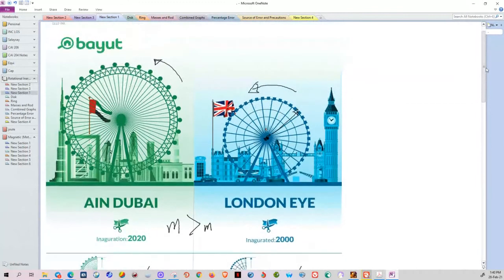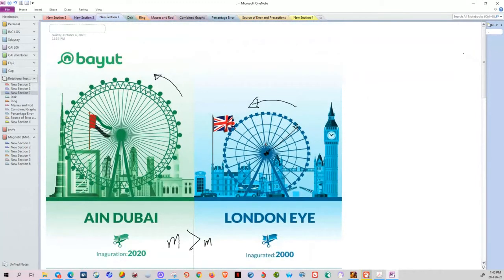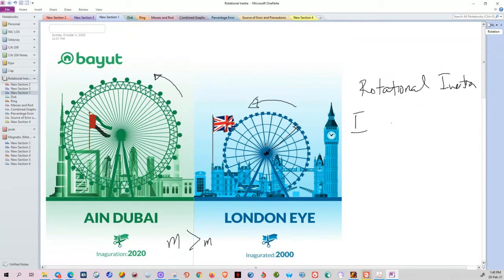Now, what's the question here? Because the two objects have different masses, the rotational inertia of the two objects is affected by mass. Because the one from Dubai is bigger in terms of mass, it has more inertia.